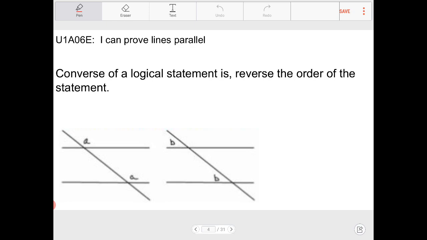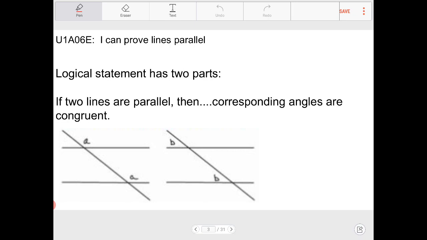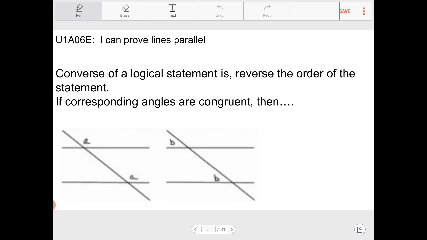What do I mean by this? This is the reversal. The converse of a logical statement is the reverse of the order of the statement. So we're flipping the order here. We're going to say that if corresponding angles are congruent, then the lines are going to be parallel.